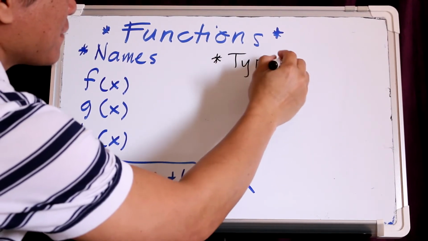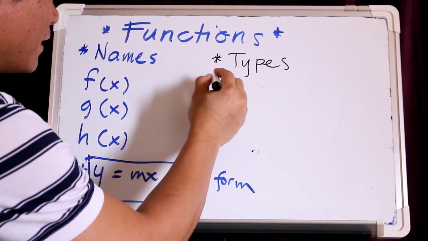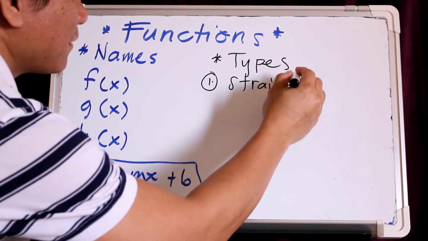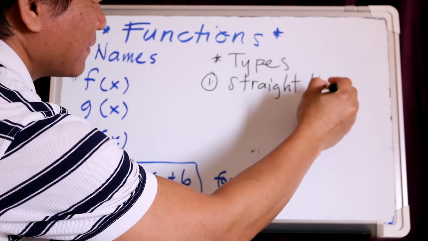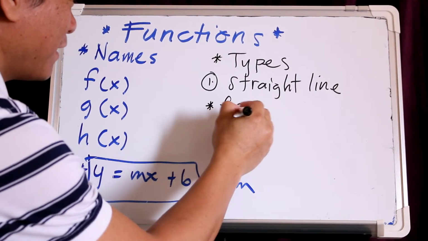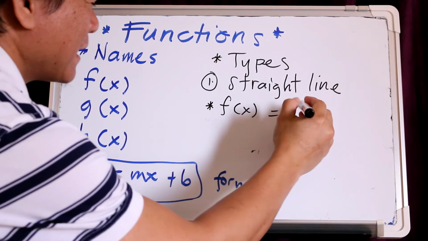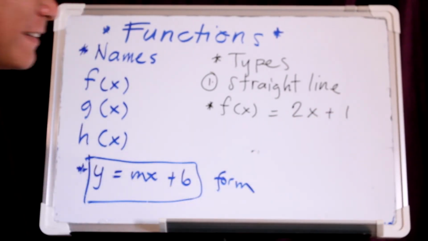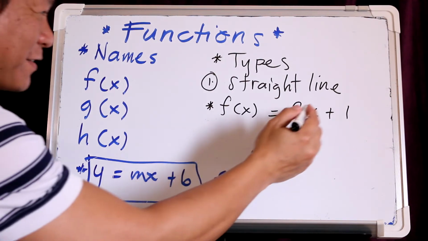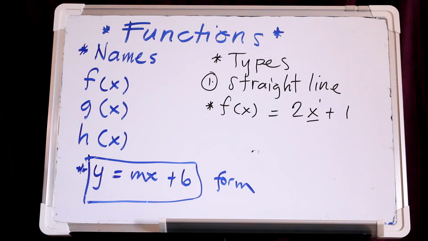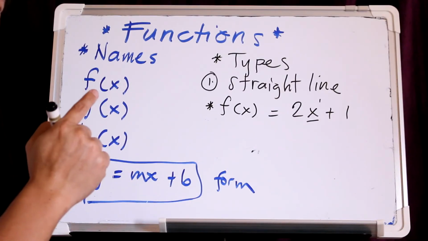You have one would be a straight line function. An example would be f(x) equals 2x plus 1. So take note of the x here. The x has only 1 raised to the power 1 there.